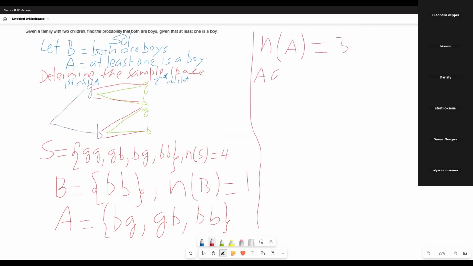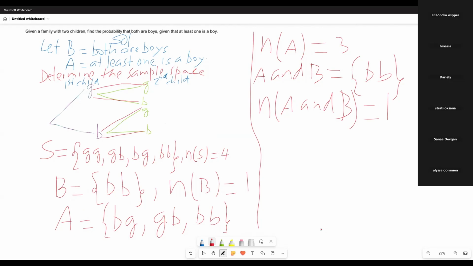A and B will be just boy, boy. So N of A and B will be just 1. Right? So look, the two events here, BB, that's B. A is BG, GB, BB. So they have one outcome in common. This is clear.